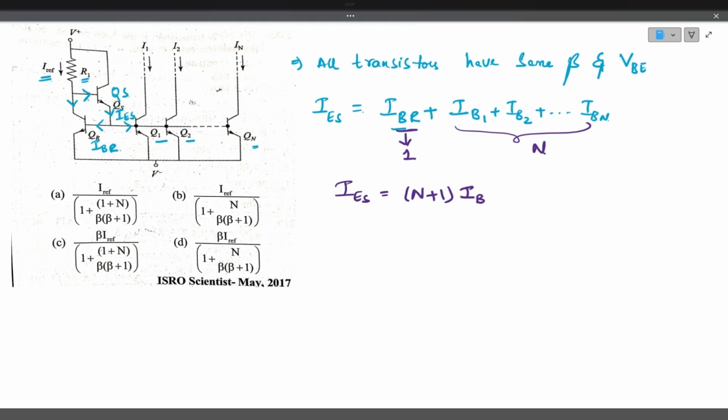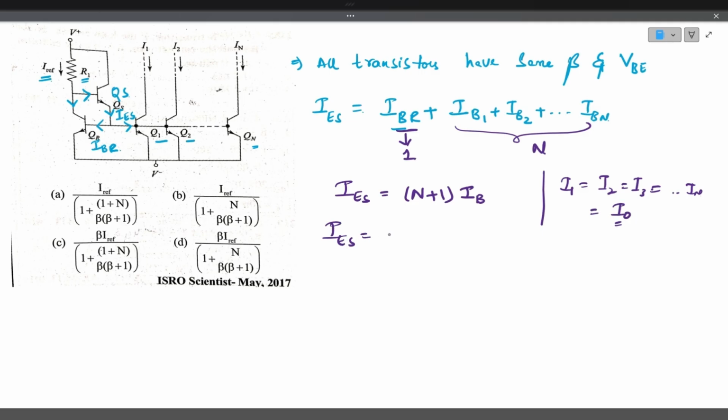This base current you can write as the collector current divided by beta. Before that, we will assume that all the collector currents, that is I1 is equal to I2 is equal to I3 up to IN, will be constant and equal to I0. So now substitute this.